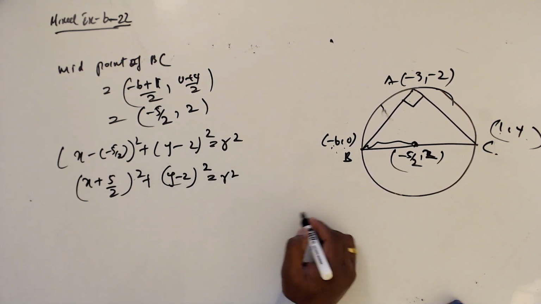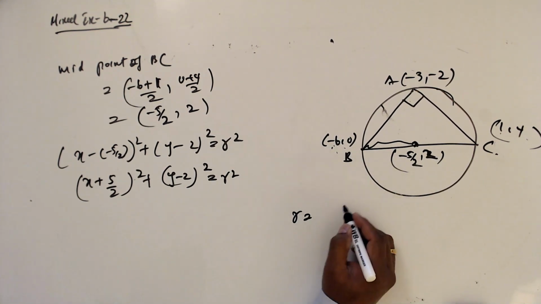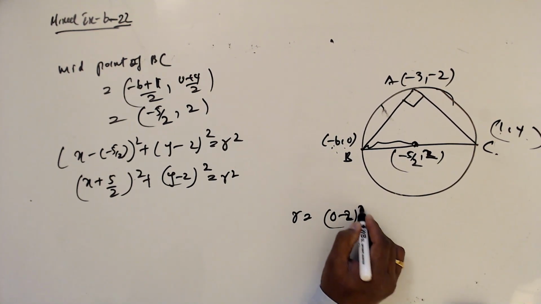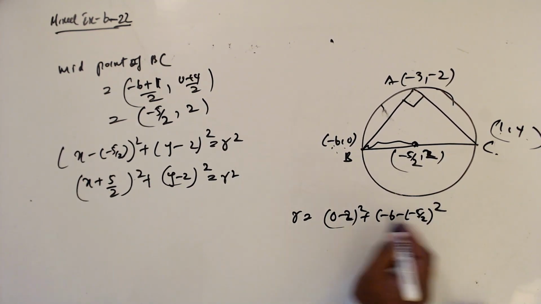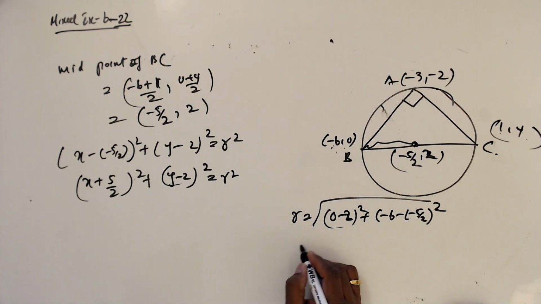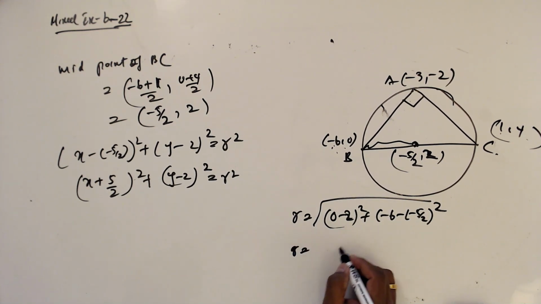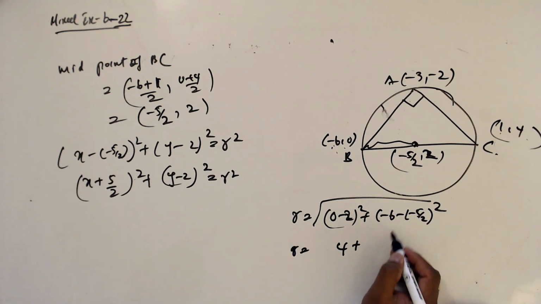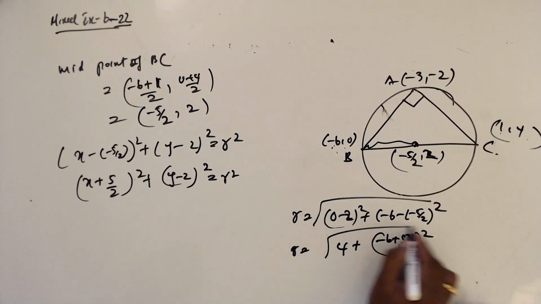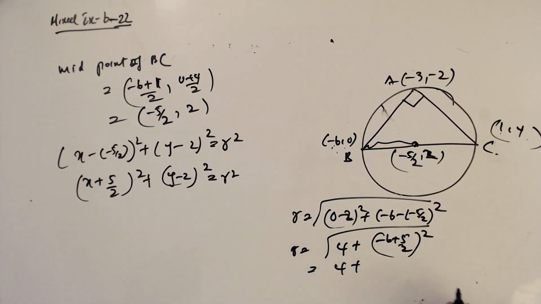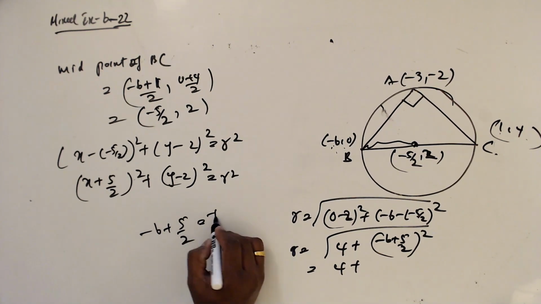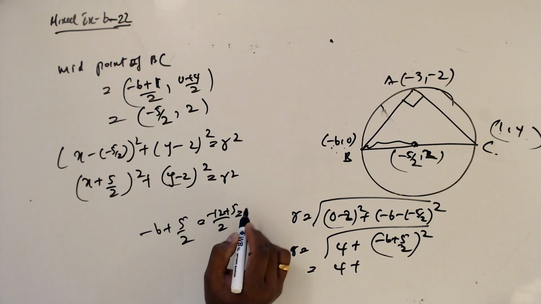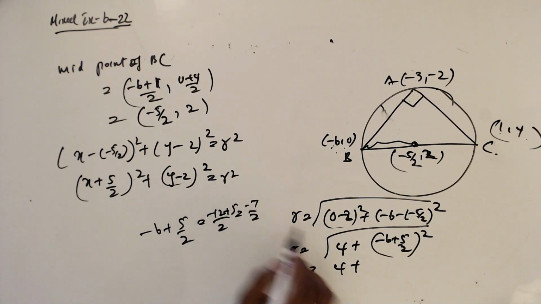Now r is the square root of (0 minus 2) squared plus (minus 6 plus 5/2) squared. So r squared is 4 plus (minus 6 plus 5/2) squared, which means minus 12 plus 5 over 2, which is minus 7 over 2.